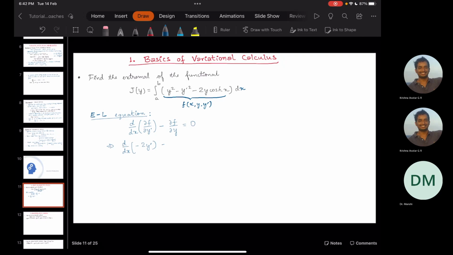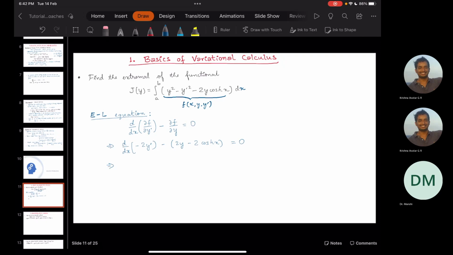Then, after carrying out the differentiation, we have del f by del y as 2y minus 2 cosh x, which is equal to 0.